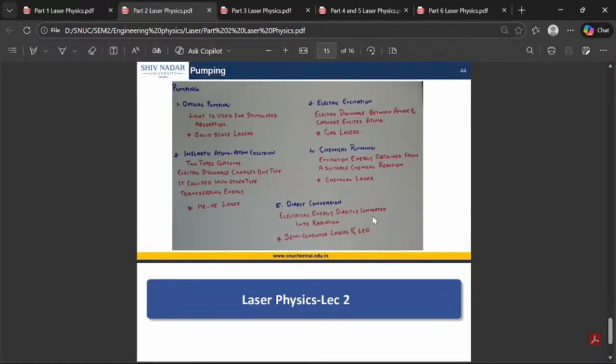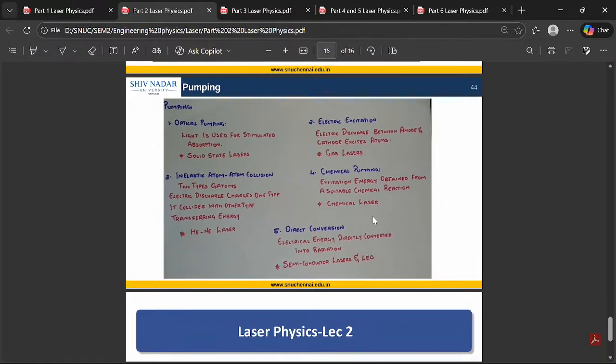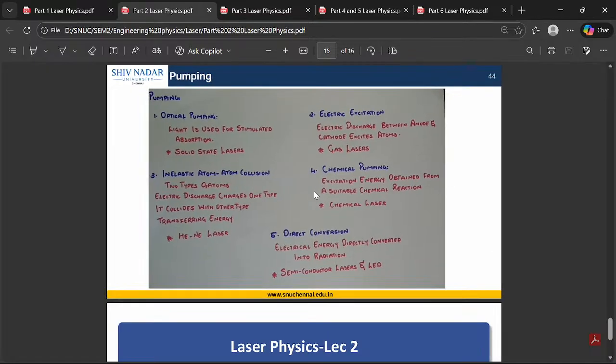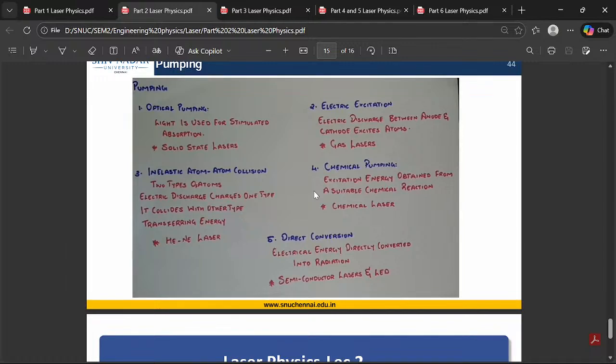Pumping is basically taking the ground state electrons to the higher excited state. We can achieve pumping using optical pumping, that is, using light to pump the electrons, and atom-atom collision, as in the CO2 laser, where one atom collides with another atom from which we get the energy.